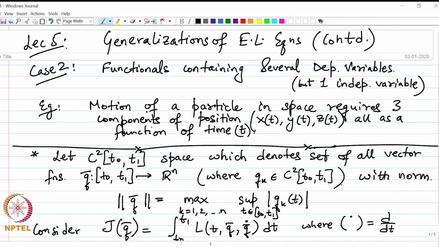Okay. And also that this L that I have described, the integrand of this integral, which is a function of these vector quantities, it is also smooth and has derivatives up to second order, right.